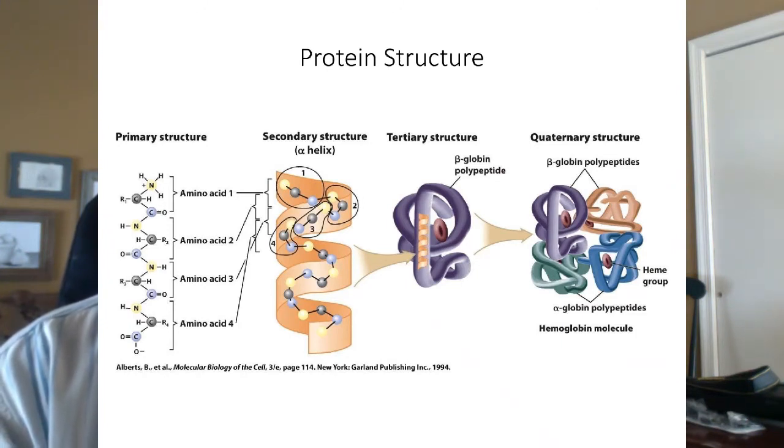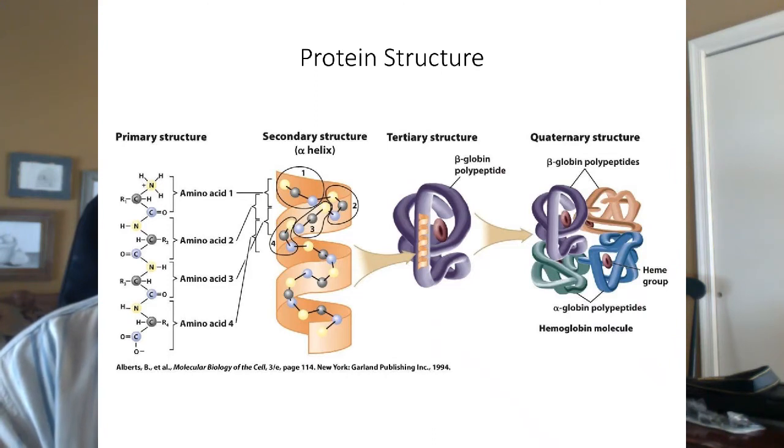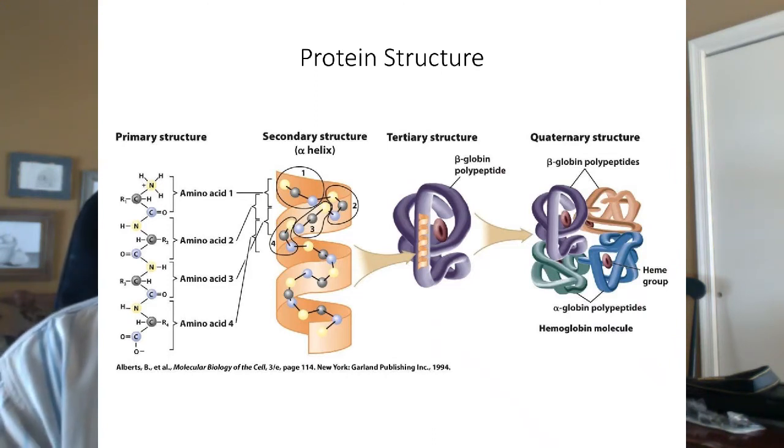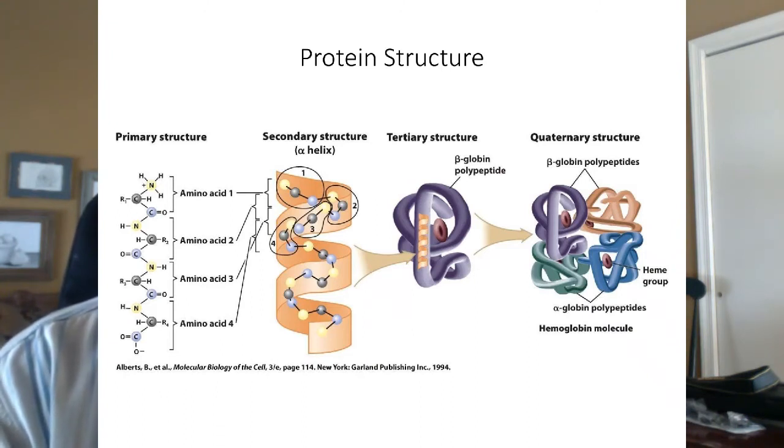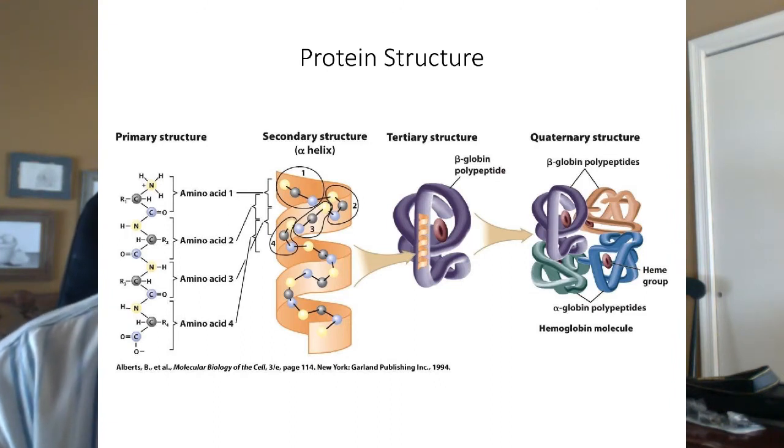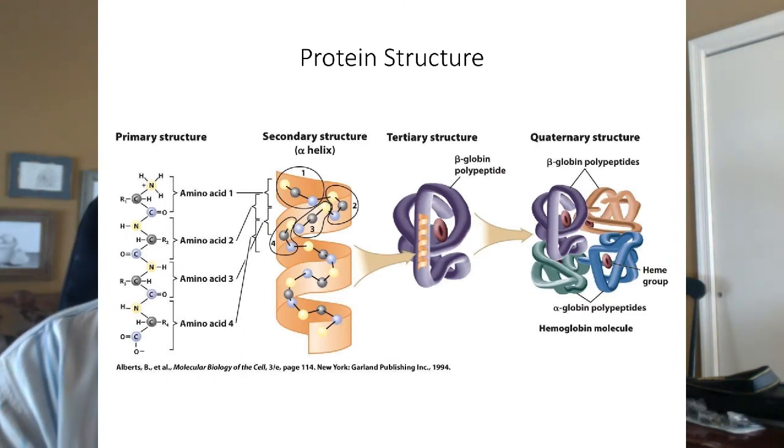Now we'll see, because of the interaction amongst and between the R groups, proteins tend to form several different types of structures. There is then the secondary structure, which is the three-dimensional way that the amino acids begin to form and merge together.